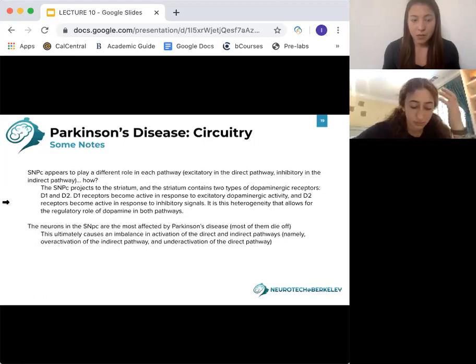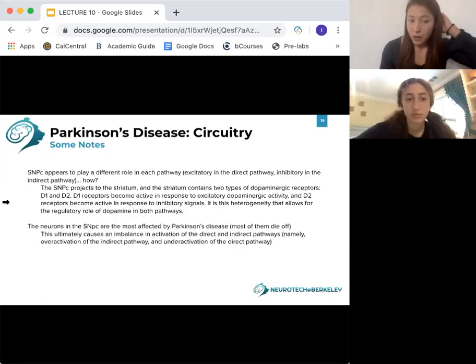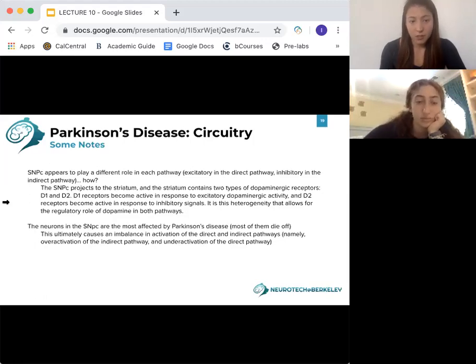D1 receptors become active in response to excitatory dopaminergic activity, and D2 receptors become active in response to inhibitory signals. And it's that heterogeneity of the dopaminergic transmission that allows for the regulatory role of dopamine in both pathways. And so, like I said before, it's the neurons in the SNpc that are most affected by Parkinson's disease.